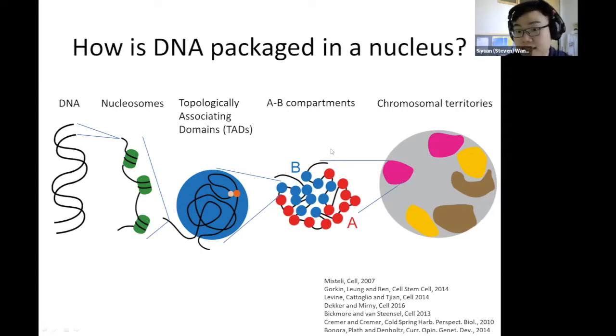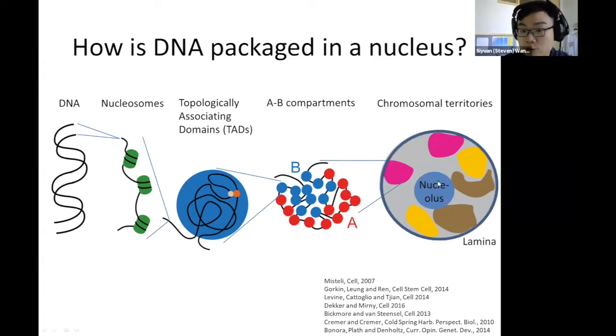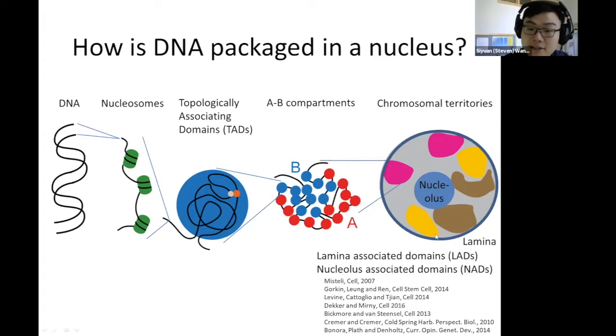Other beautiful sequencing techniques also profiled regions of the genome that associate with the nuclear lamina and with the nucleolus. These are termed lamina-associated domains, or LADs, and nucleolus-associated domains, or NADs. We now know that all these levels of genomic, or nucleomic, architecture play an important role in multiple genomic functions, especially gene expression regulation.